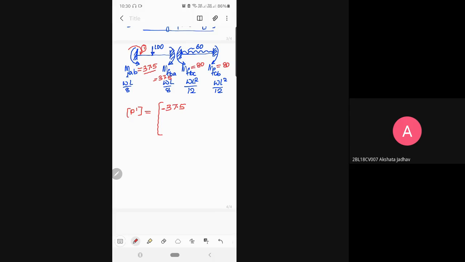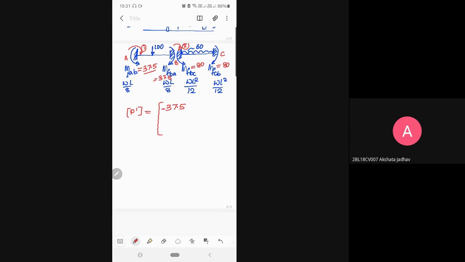Now at 2, where is 2? Coordinate number 2 is at B, which is clockwise. Now at B, you have two values, MFBA and MFBC. Clockwise is positive, anti-clockwise negative. If the direction of the force produced is the same as the coordinate direction, then it will be positive.